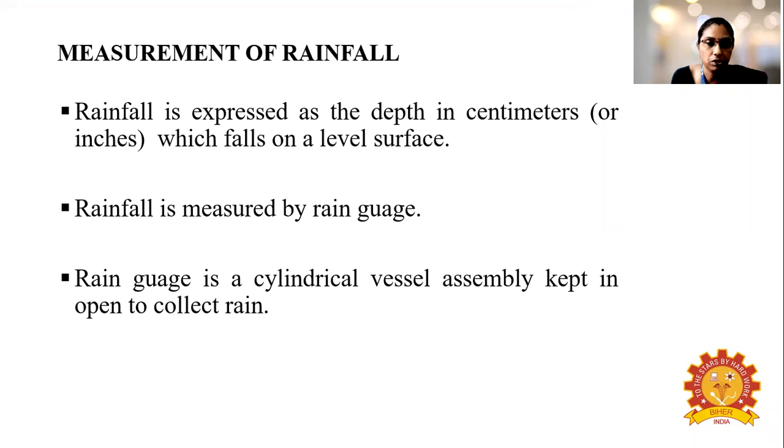And rainfall or precipitation is measured by using the instrument called rain gauge. Usually this rain gauge is a cylindrical vessel assembly or arrangement kept in an open place to collect the rainfall or precipitation.